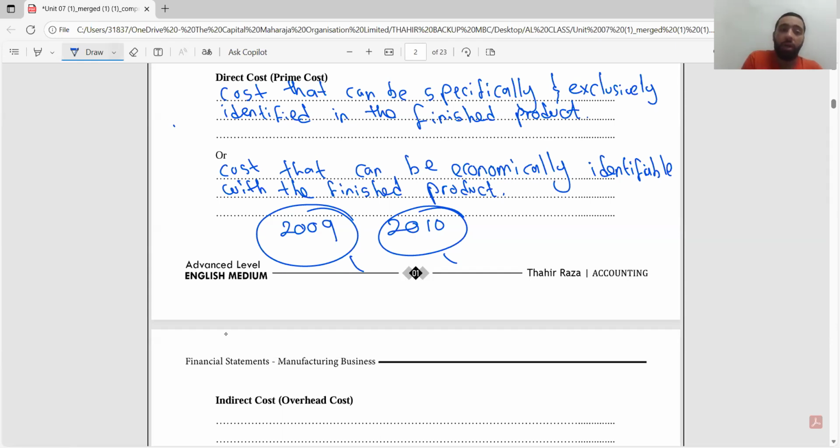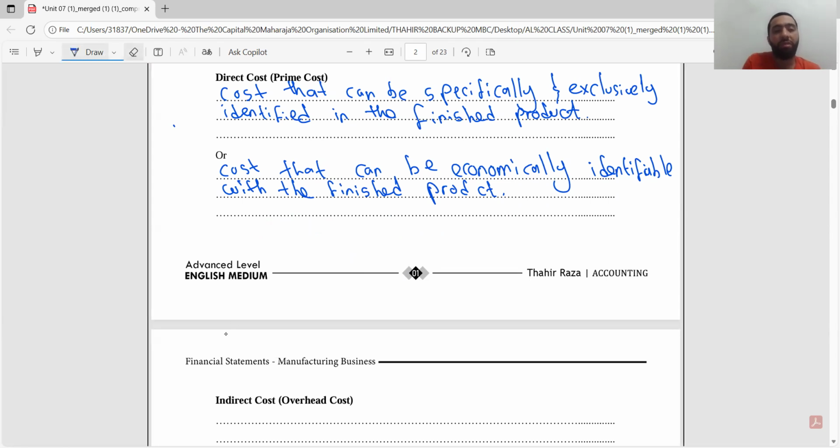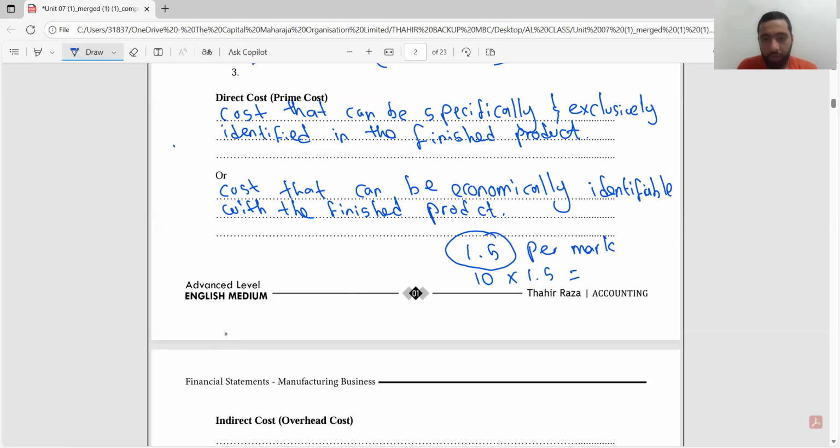So make sure you all are doing at least 2 to 3 big questions every day. You must do it with time, not casually. How to do this? 1.5 minutes per mark. So if you are doing a 10 mark question, how many minutes can you spend? If it is 1.5 minutes per mark, multiply this by 1.5. You have to do it within 15 minutes. If you practice with timing, by the time the exam comes it will be very simple, right? So make sure you all are doing 2 to 3 accounting questions every day.